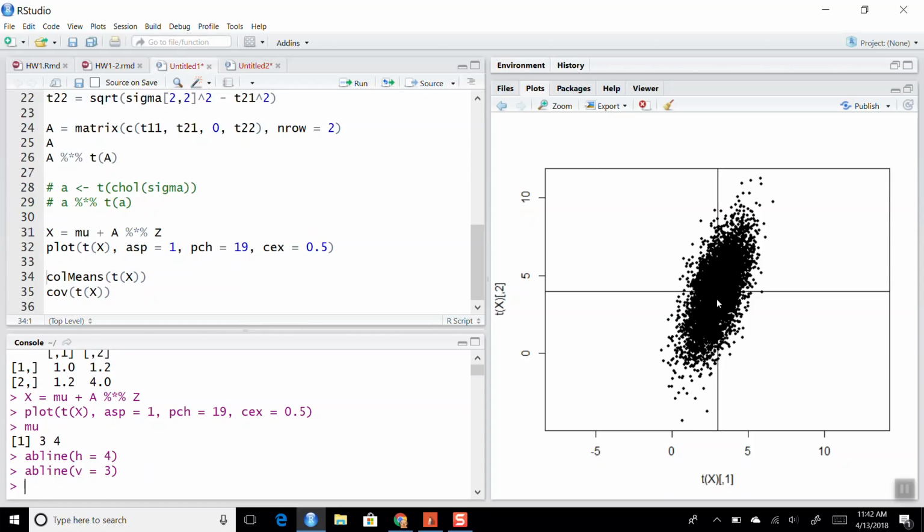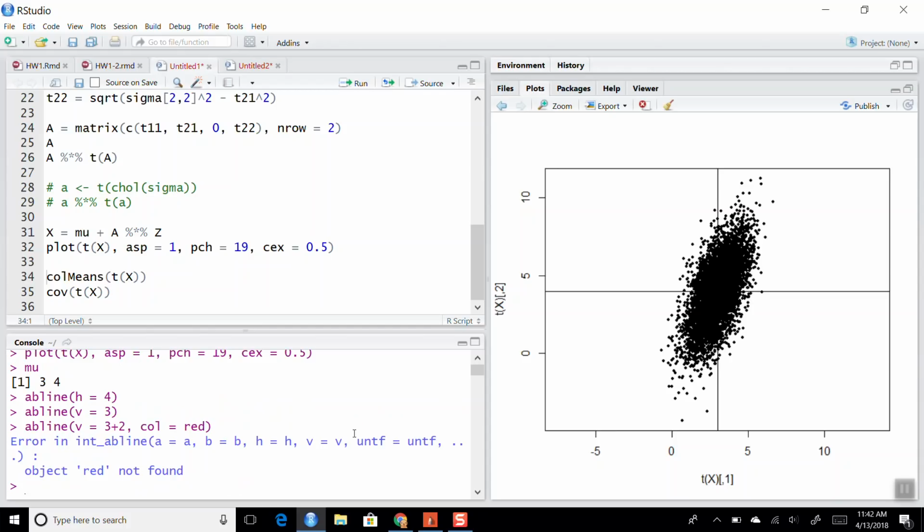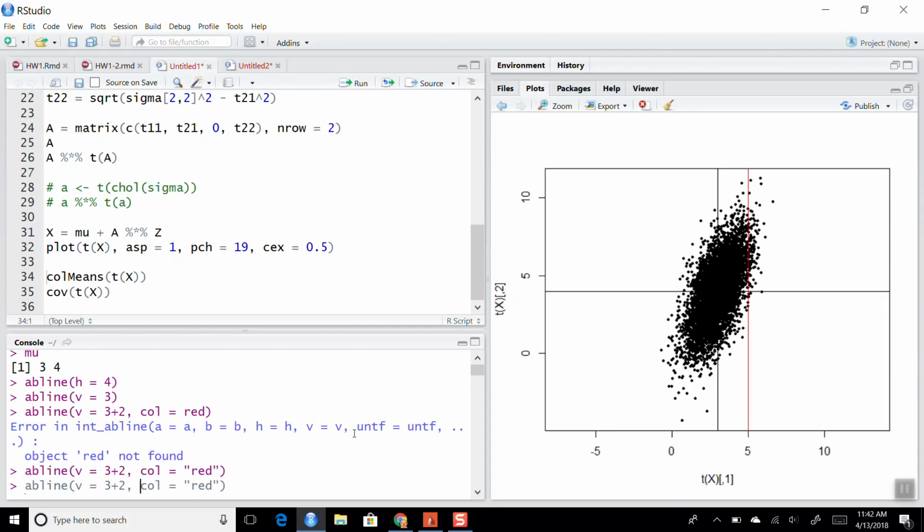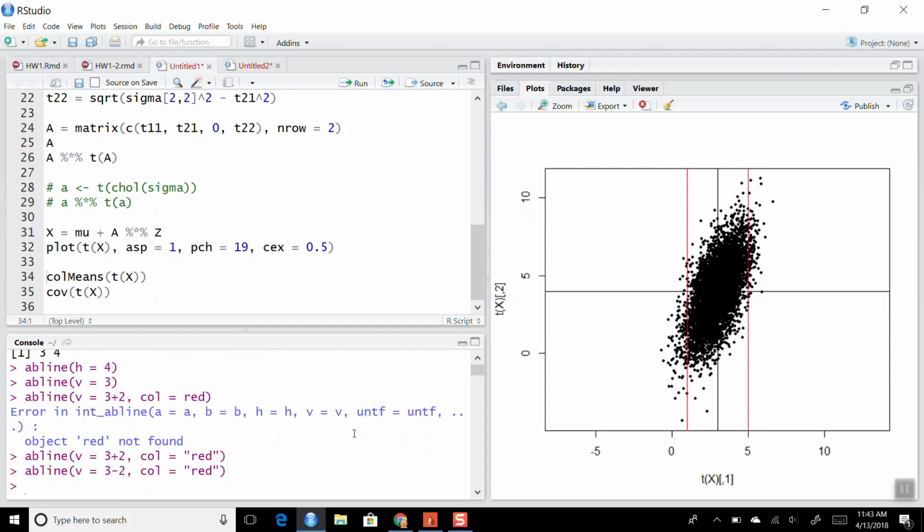So this is where we're generating our mean values, and we can see that indeed, if I go up two standard deviations, and I go down 2 standard deviations, from the vertical perspective it does seem to capture about 95% of our data, okay?